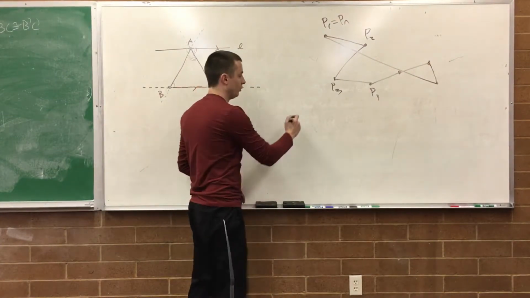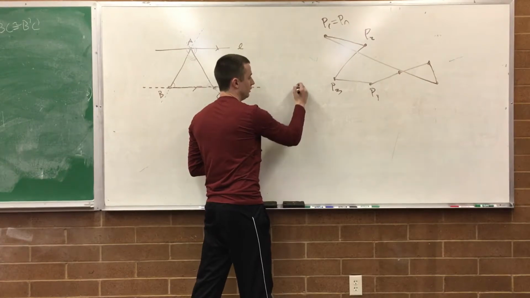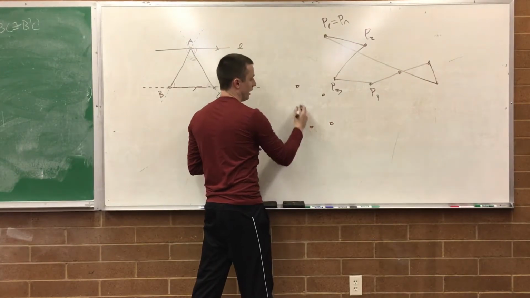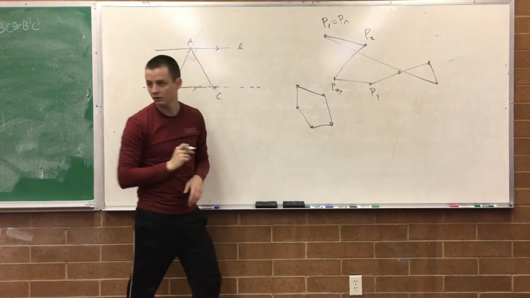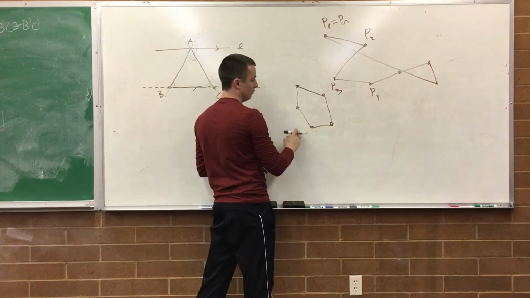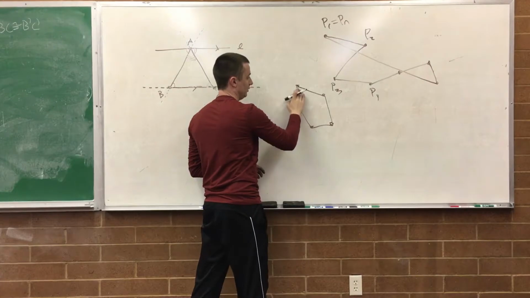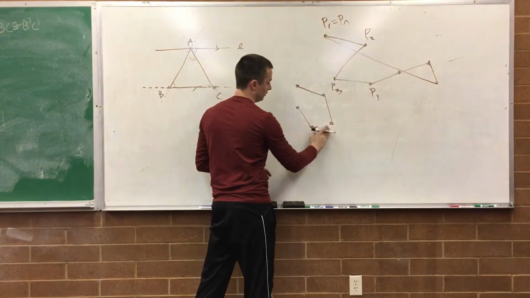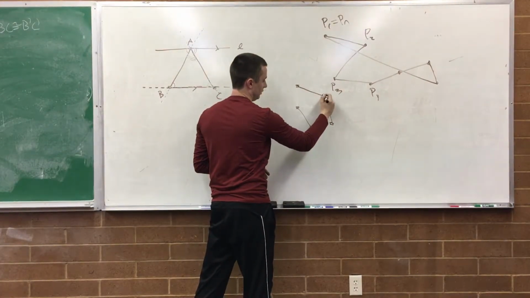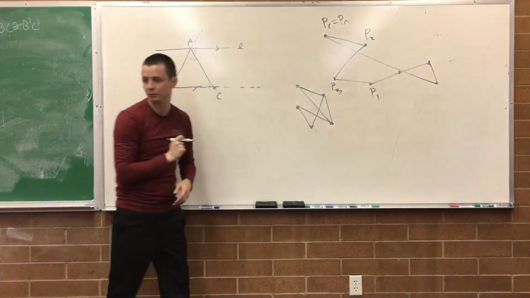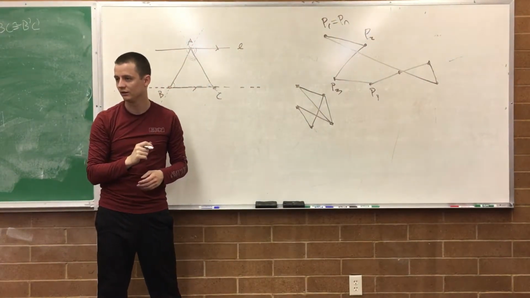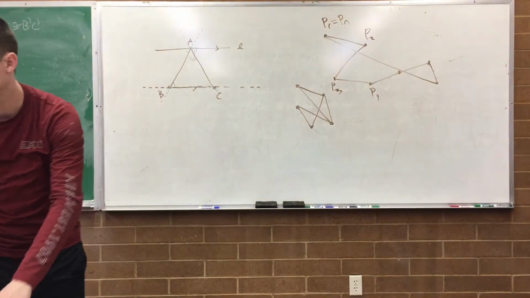So what's an example of a simple polygon? That would be something like this. That's a simple polygon, but if instead it went like, I don't know, this, that is not a simple polygon because the sides intersect. Good?